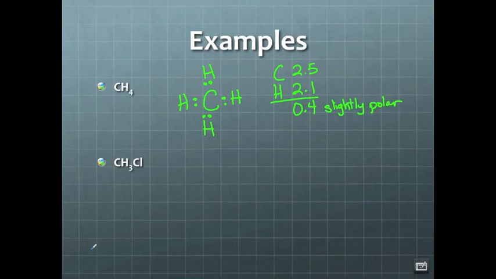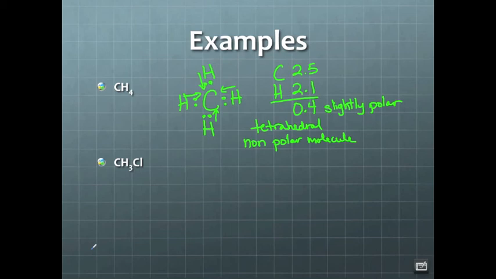But our shape, remember, if we've got 4 bonds and no lone pairs, is going to be tetrahedral. So everyone's going to pull, all of our H's are going to be pulled evenly around. So everything's getting pulled in toward carbon, but because it's being pulled in evenly, this is a nonpolar molecule.